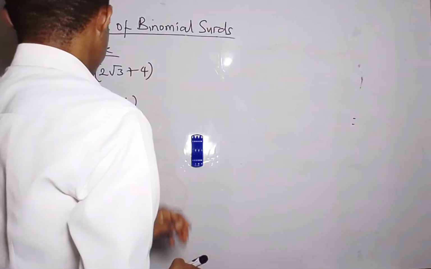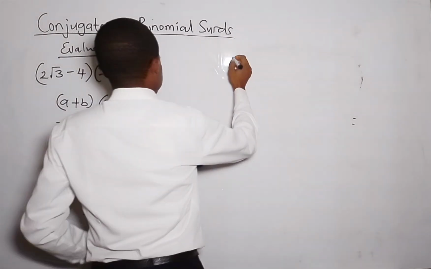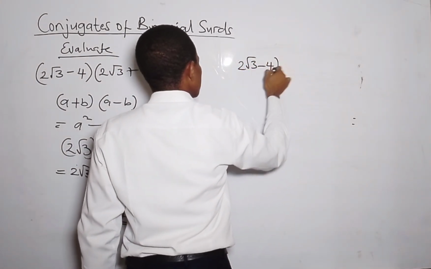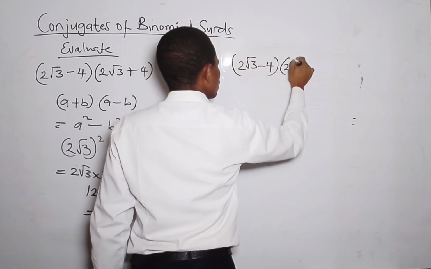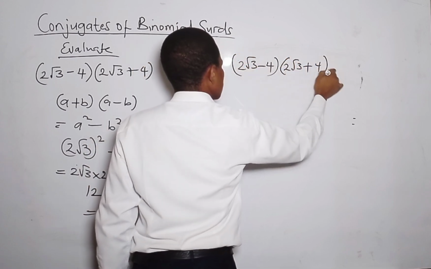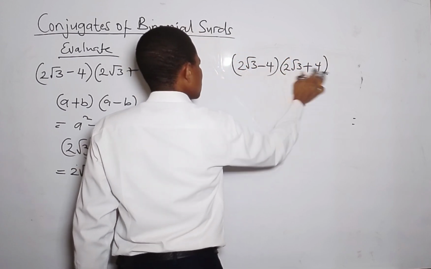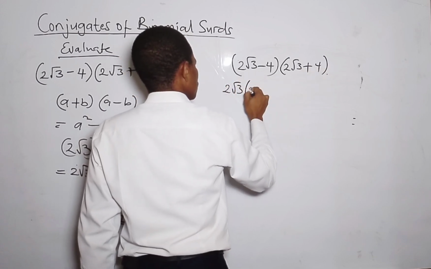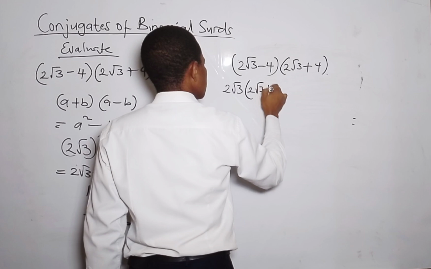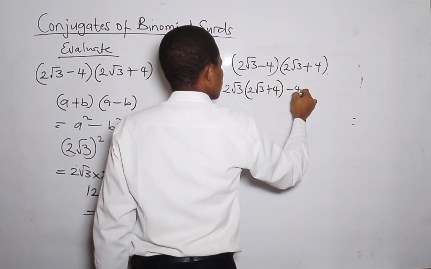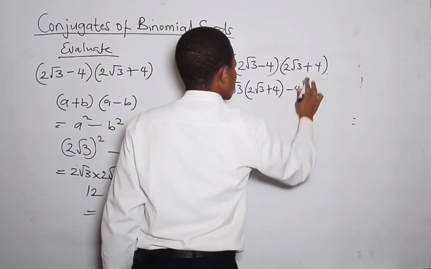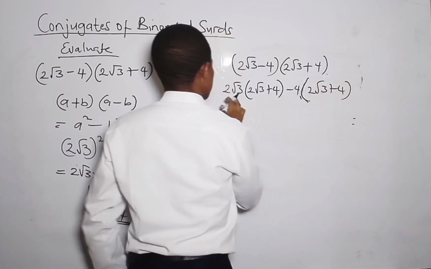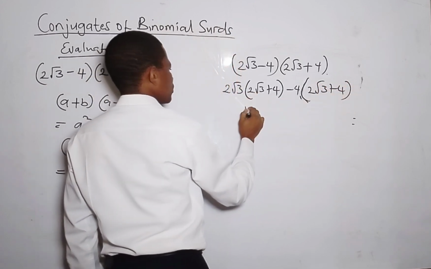Let's look at the parallel here. Let's just expand 2 root 3 minus 4 in brackets, 2 root 3 plus 4. Then we multiply each by both sides. 2 root 3 into 2 root 3 plus 4. Then we use minus 4 into bracket 2 root 3 plus 4. 2 times 2, 4. 4 times 3, 12.